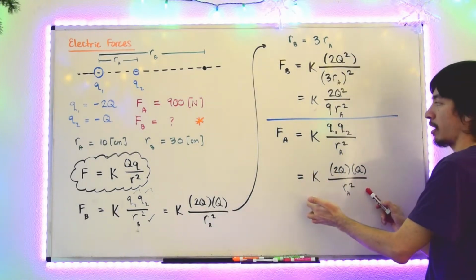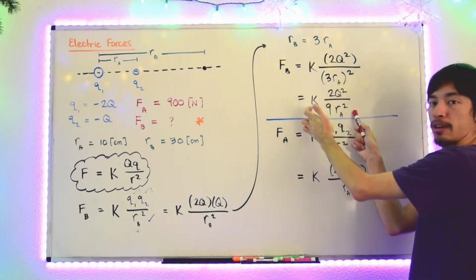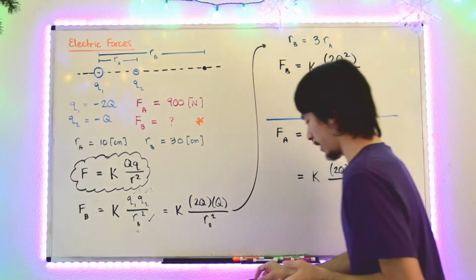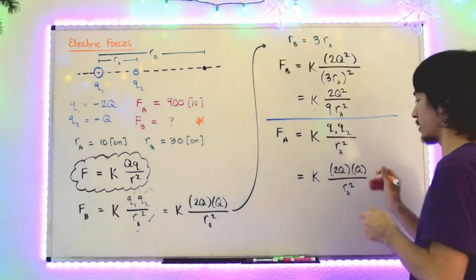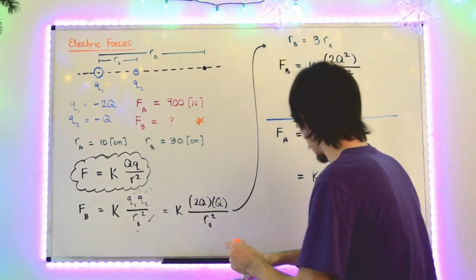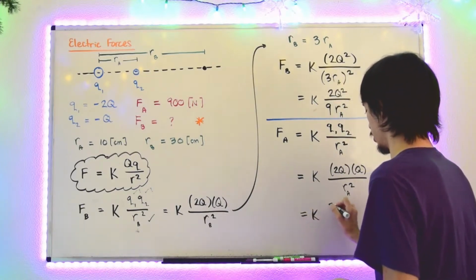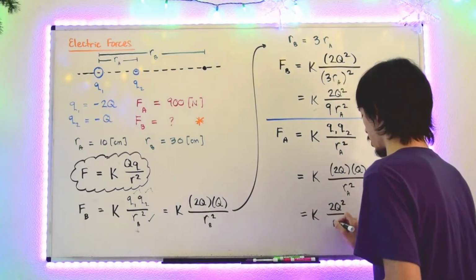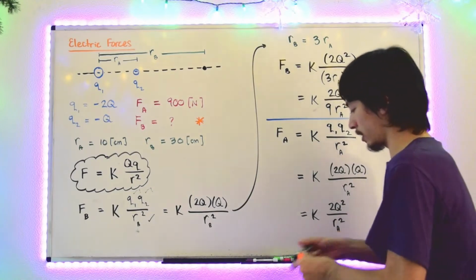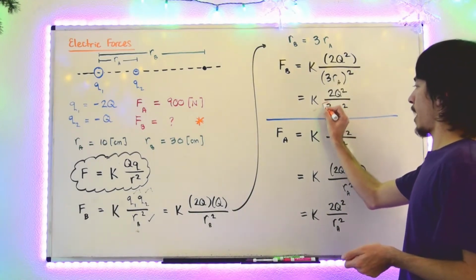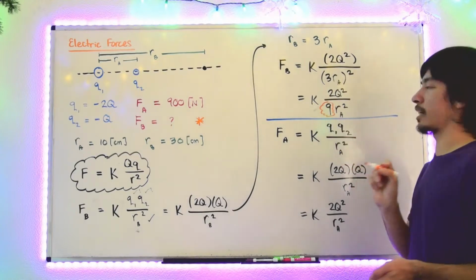Now, at this point, we can realize that this expression looks very, very similar to this expression here. If I write this as k 2Q squared over RA squared, the only real thing that makes these expressions different is this factor of 9 here.